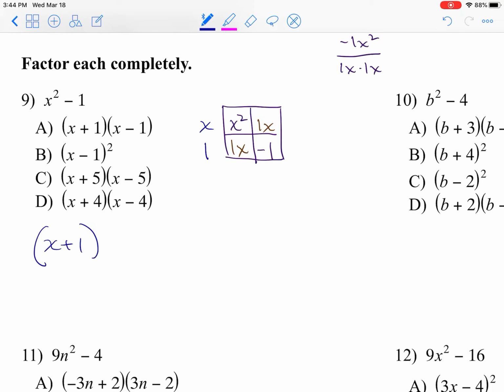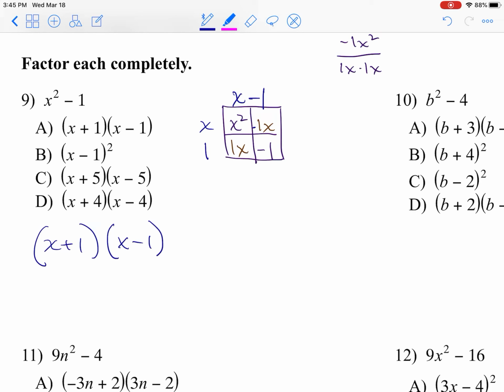Now to do the columns, x squared and 1x have an x in common, and then whoops, I made a mistake over here a minute ago. I didn't make one of these negative and one positive. I had to subtract, so they had to be different. So that changes that my common factor is not 1, it's now -1. And that binomial factor is going to be x minus 1.